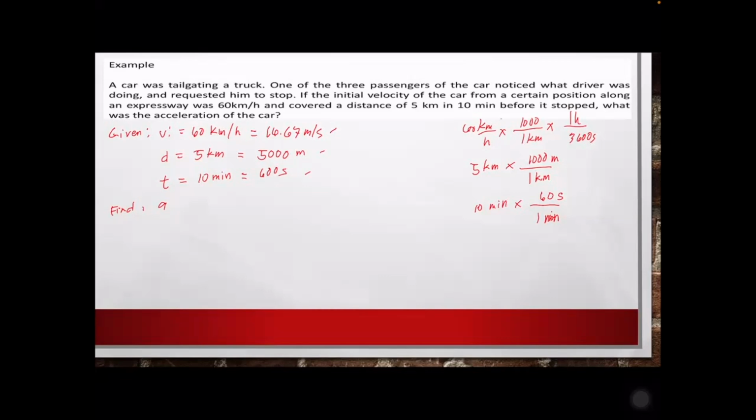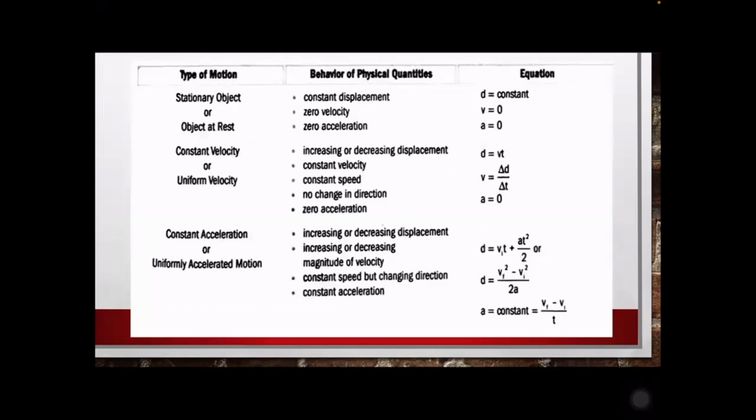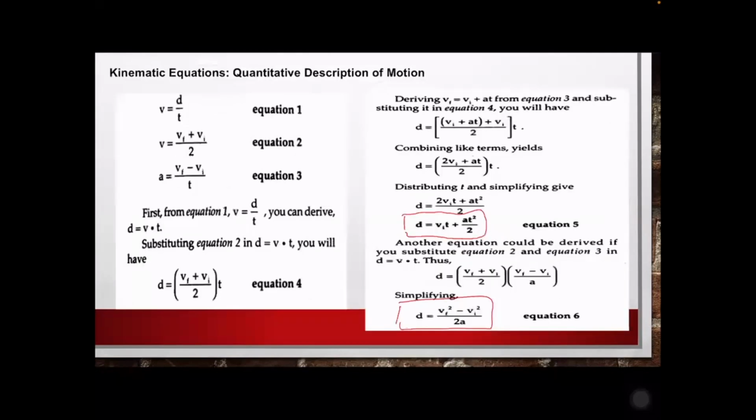Since we're going to find for a, ang kailangan natin gamitin ay panibagong formula, which is d equals v sub i t plus a t squared over 2. Saan galing yan? Equation number 5.